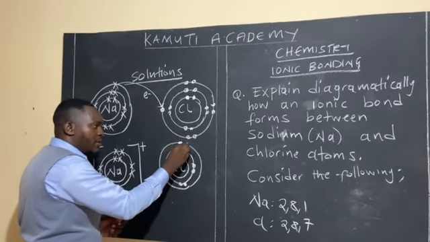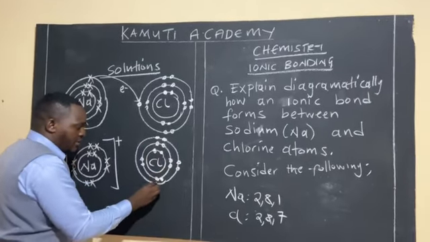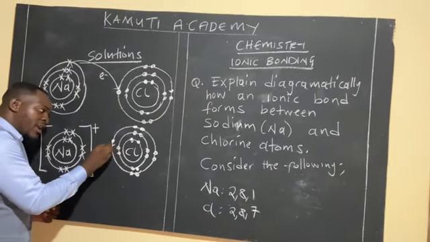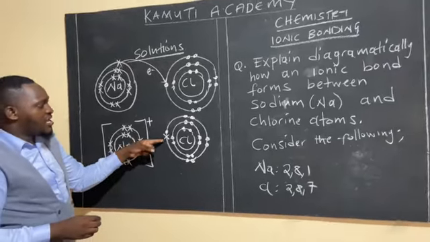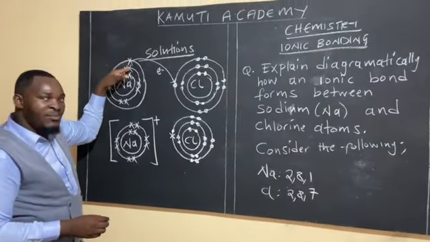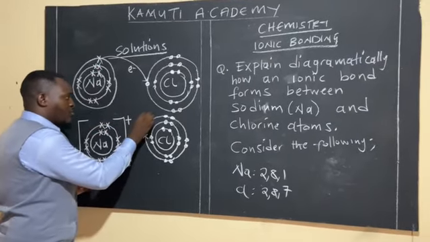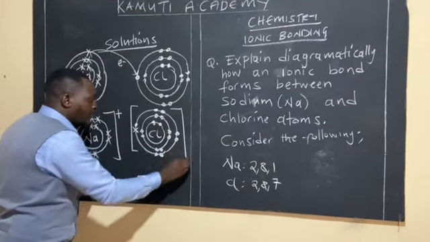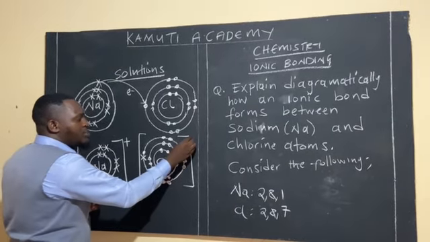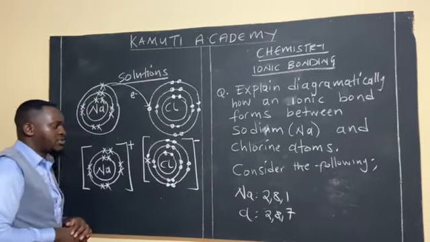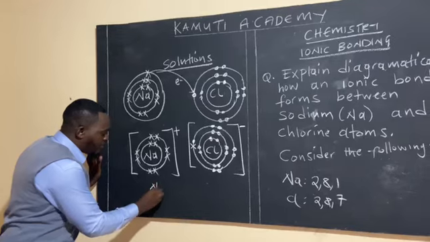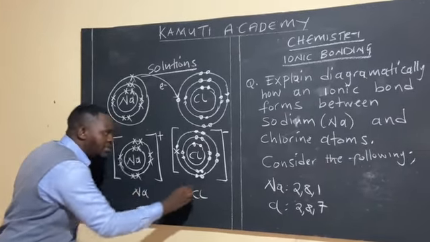We have maintained the cross to signify that there is an electron that is coming from the sodium. Since it has gained 1 electron, we represent that with a negative charge. So this is how an ionic bond forms between sodium and chlorine.